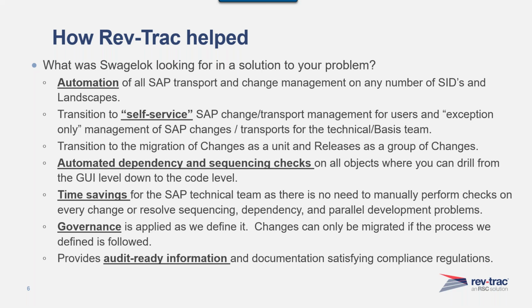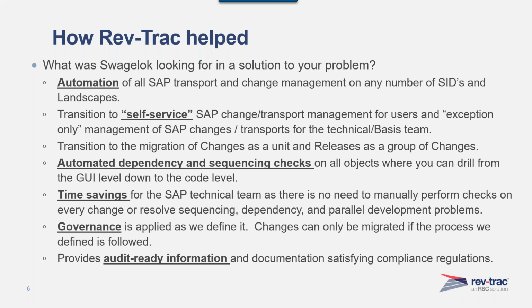Transition to the migration of changes as a unit. The old method of migrating one transport at a time, we knew was not going to make it for us. And migrating changes as a unit or as a project, whatever logical grouping makes sense for you, is big. It just makes sense within the change process.